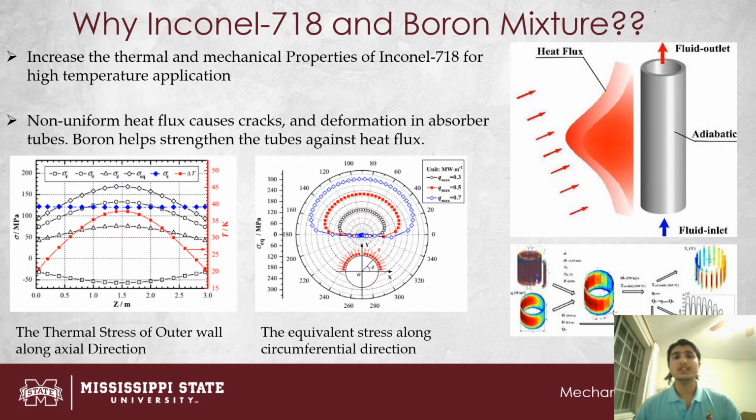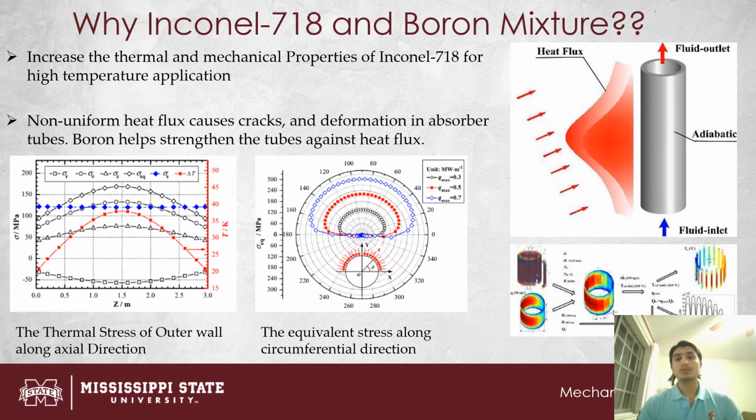So why do we need to mix Inconel and boron? Because a solar absorber tube is exposed to non-uniform heat flux, as shown in this figure.